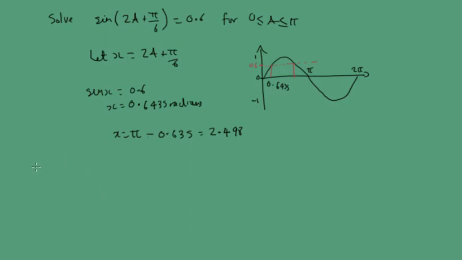Now, remember, 2a plus pi over 6 is equal to x, which is equal to 0.6435.